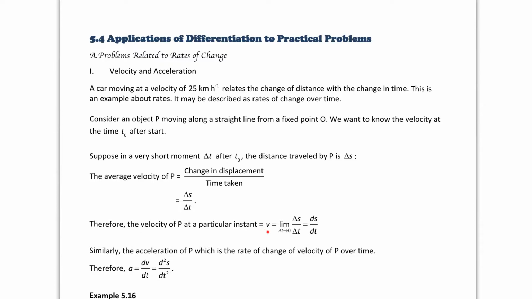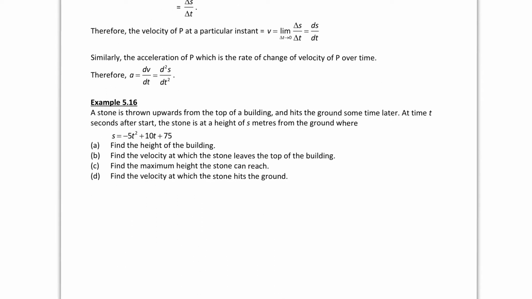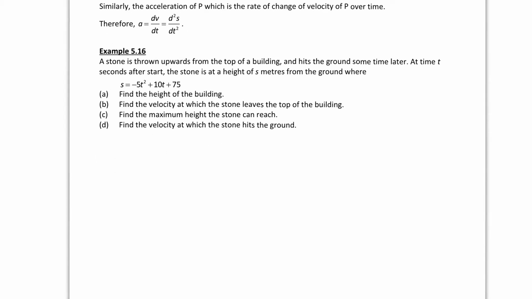If you want to find the velocity of a particle P, you can find ds over dt. Similarly, you can also use dv over dt to find the acceleration. Here is one example related to how we can make good use of differentiation to find the velocity and acceleration.